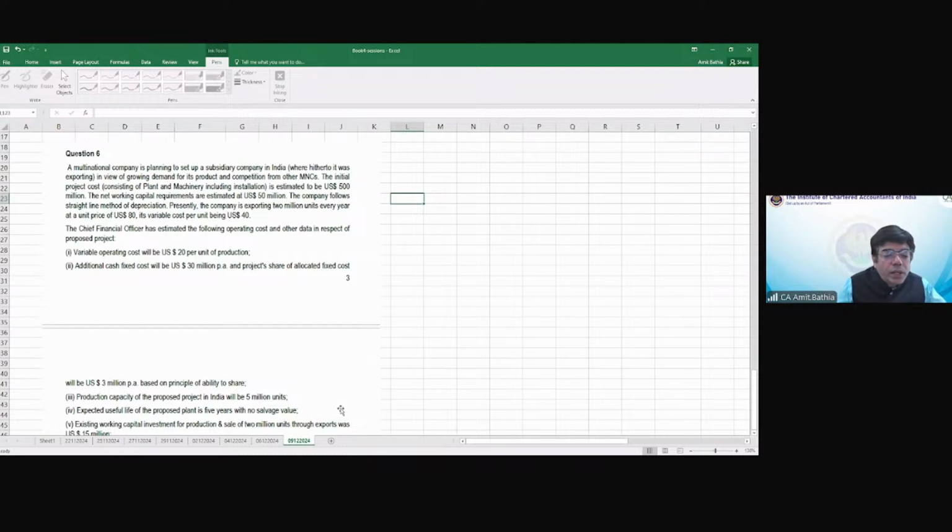Existing working capital investment for production and sale of 2 million units through exports was $15 million.